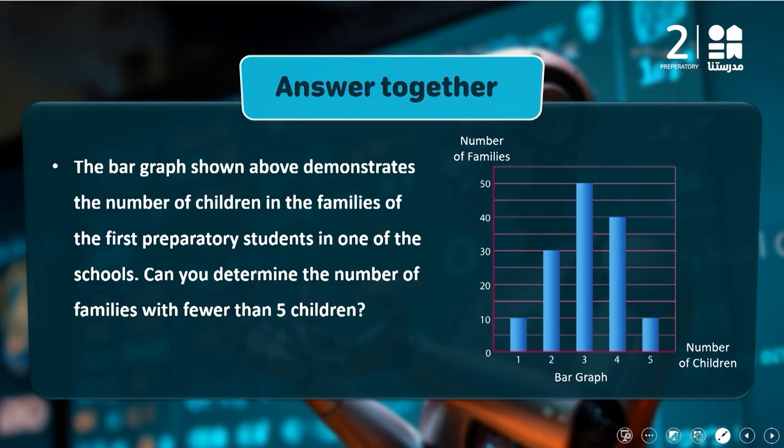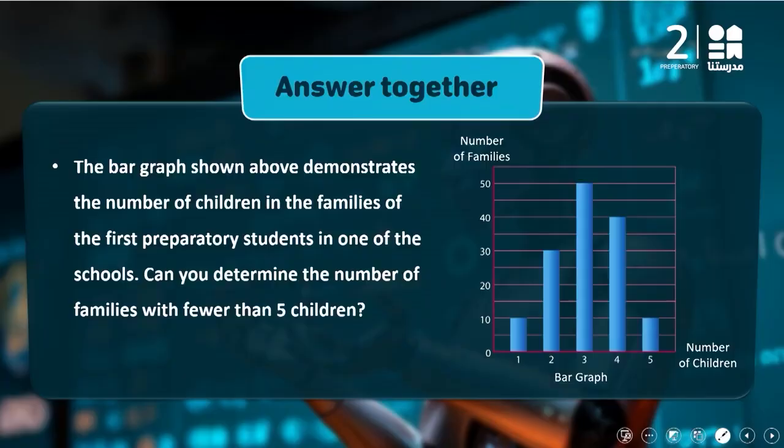We have a bar graph. The bar graph shown above demonstrates the number of children in families of the first preparatory students in one of the schools. Can you determine the number of families with fewer than 5 children? Fewer than 5 children means families with 1, 2, 3 or 4 children.